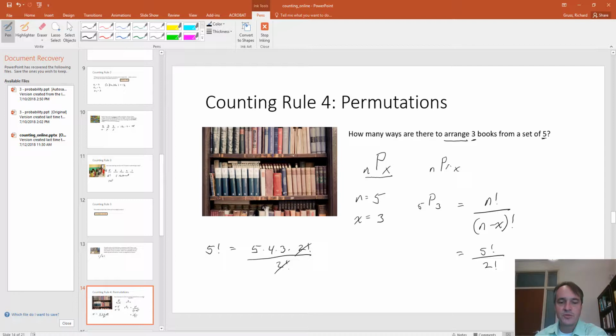A lot of times this sort of cancellation trick will come in handy so that we don't have to compute these enormous factorial values. So we've got 5 times 4 is 20, times 3 is 60. So the answer to this problem is 60: 60 ways of permuting 3 books from a set of 5.